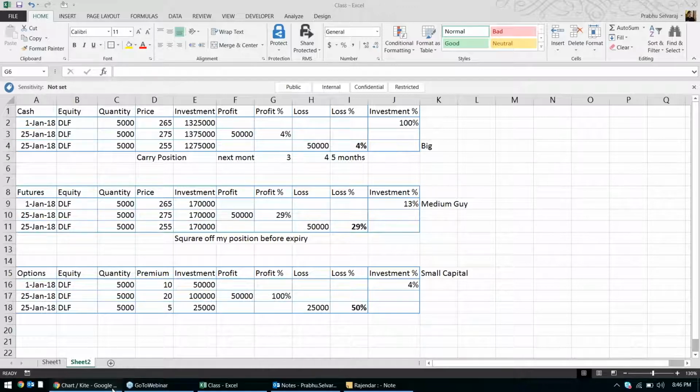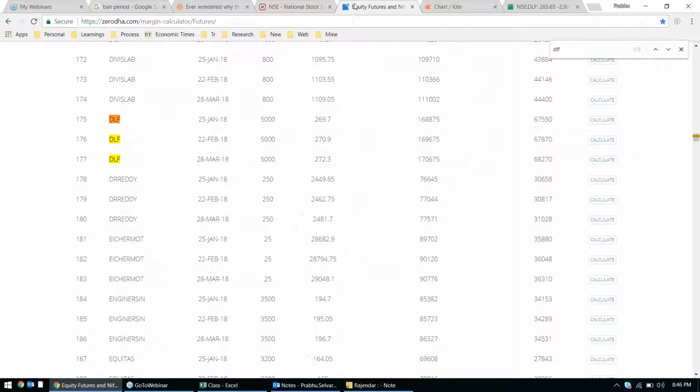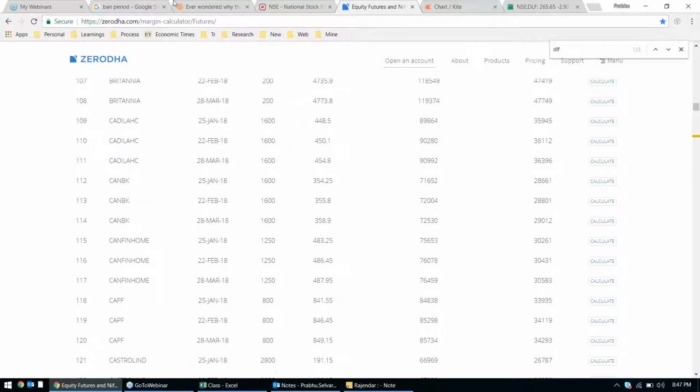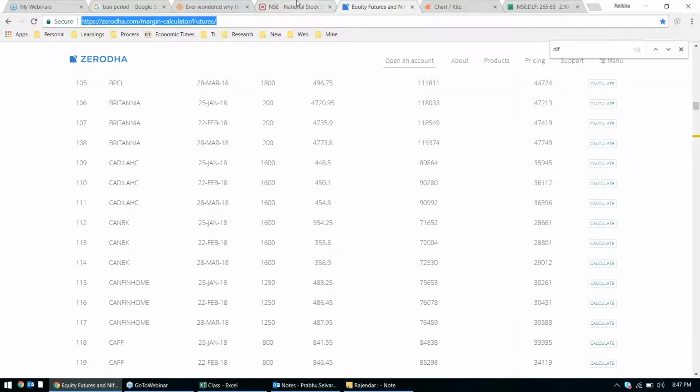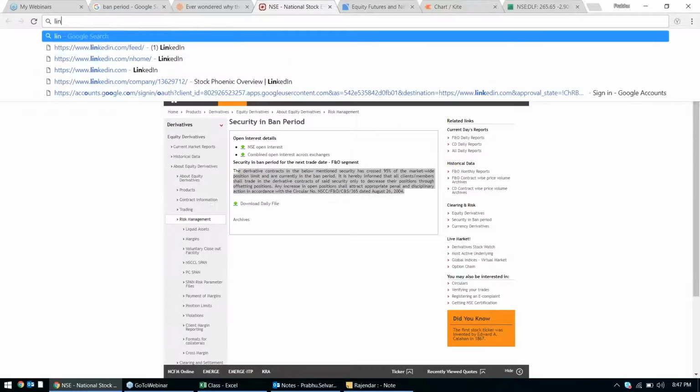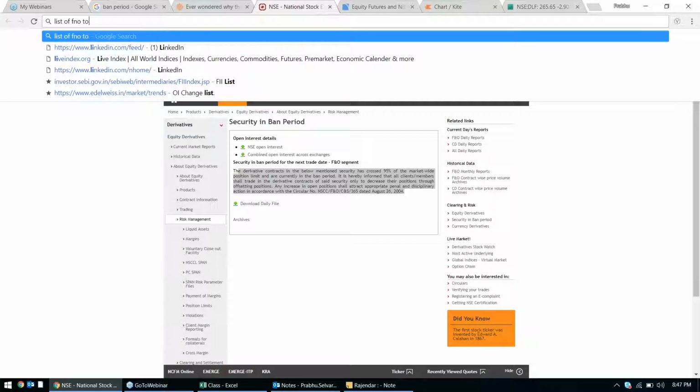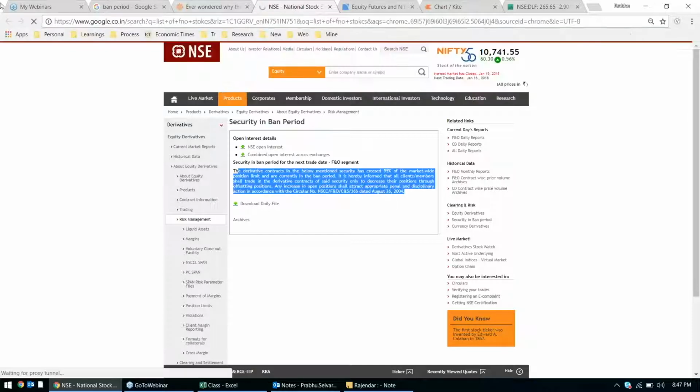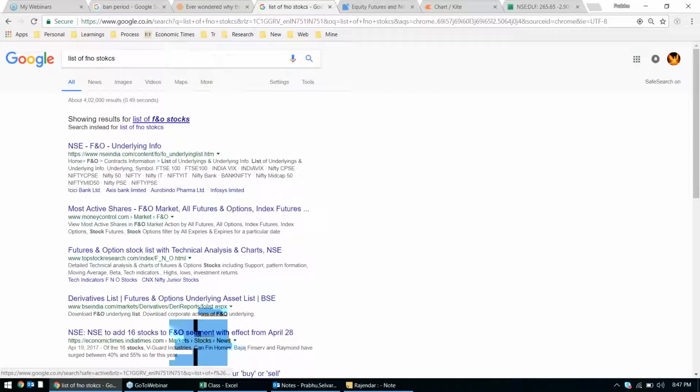All the futures stocks are available in Zerodha. Here it is available. Or else just search the list of FNO stocks. You'll get the list of all the FNO stocks.